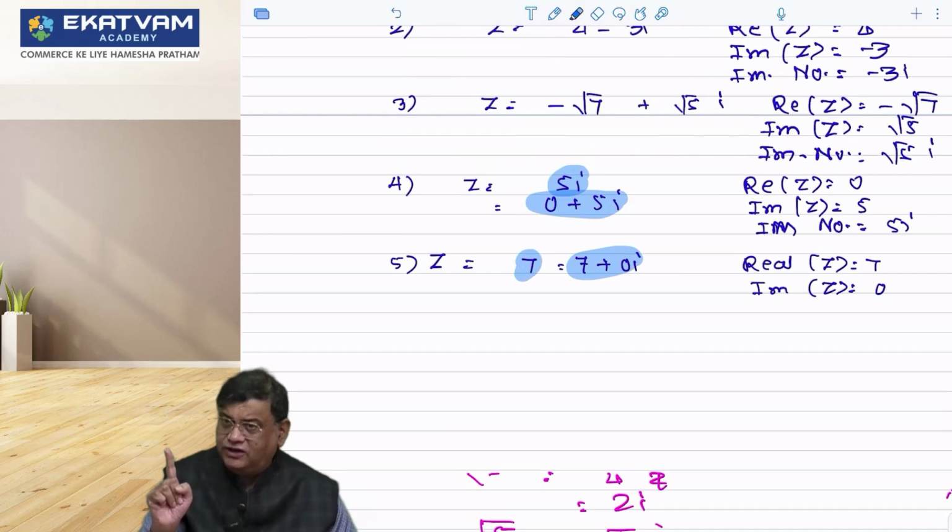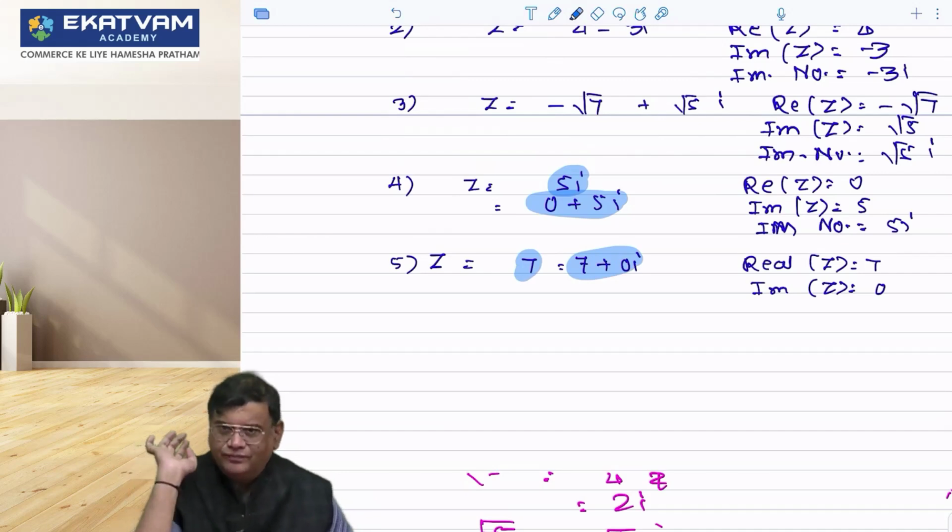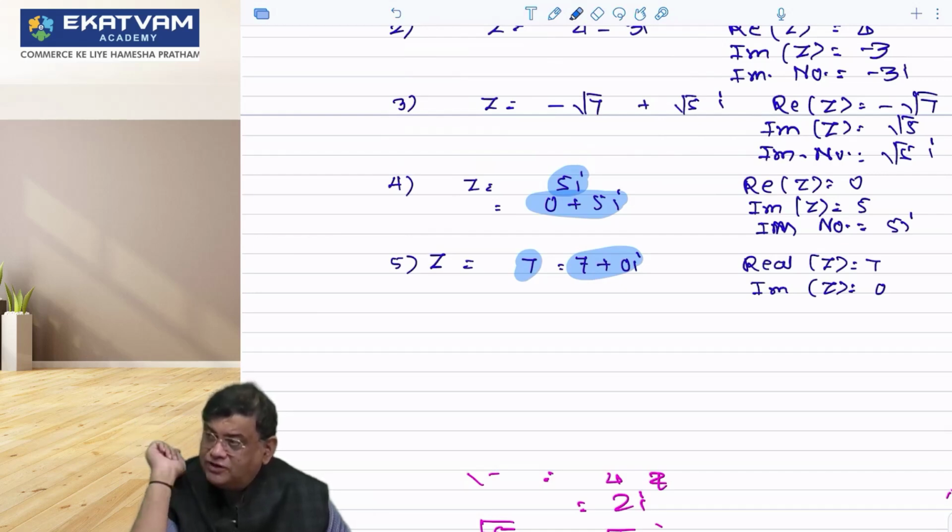So every real number is a complex number. Every imaginary number is a complex number. But every complex number is not imaginary. Every complex number is not real.